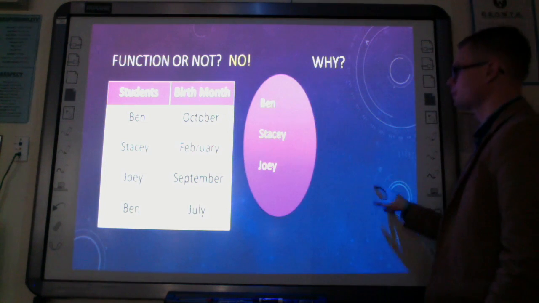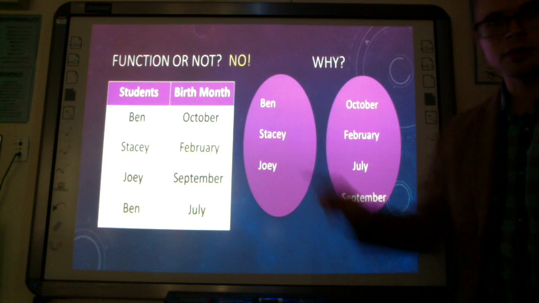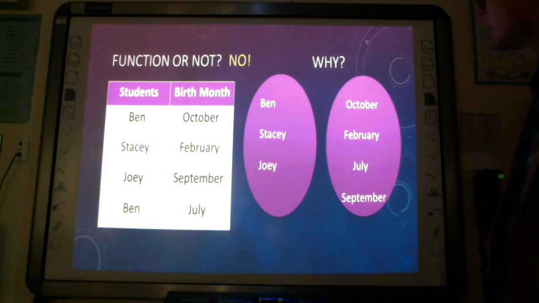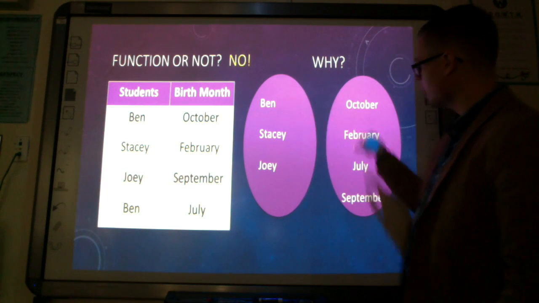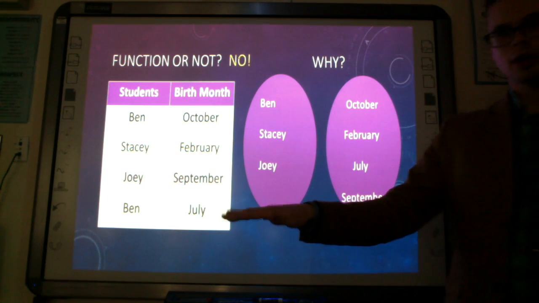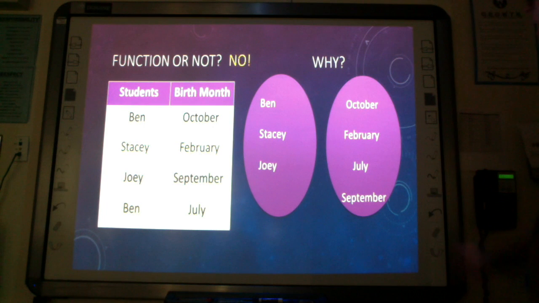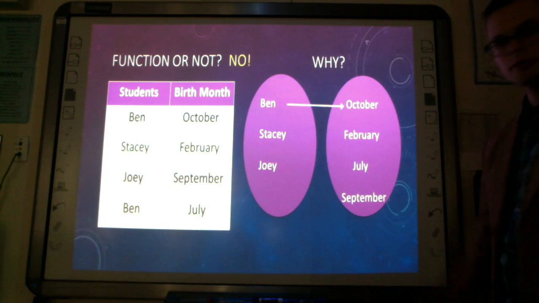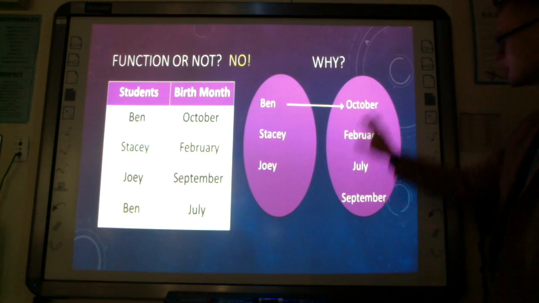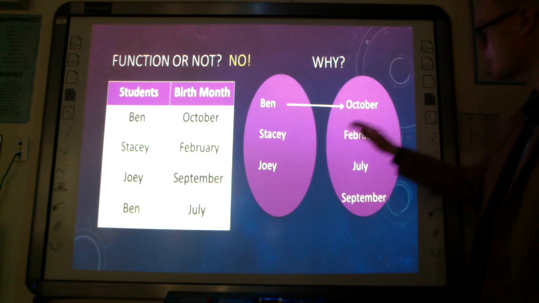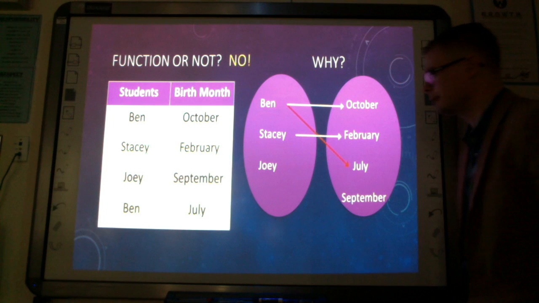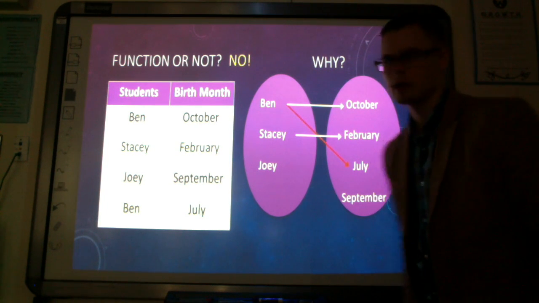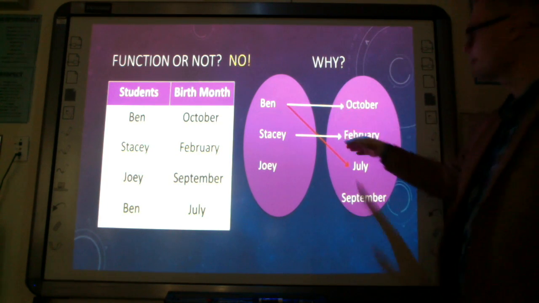So, why? Well, let's draw a little graph and line them up. If Ben draws a line to more than one output, then it's not a function. Ben matched to October, that's okay so far. But then we got Ben to July. Not good. That's why it's red.